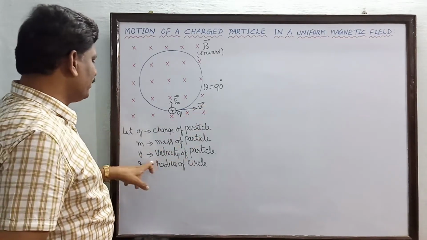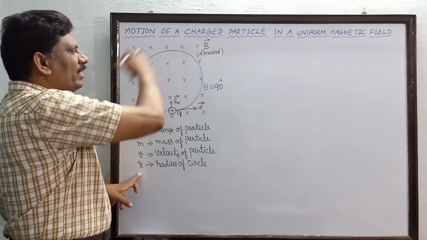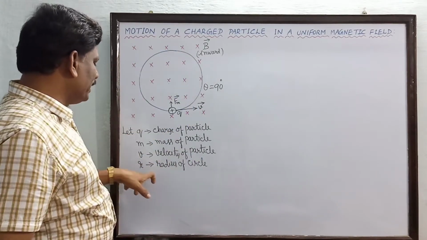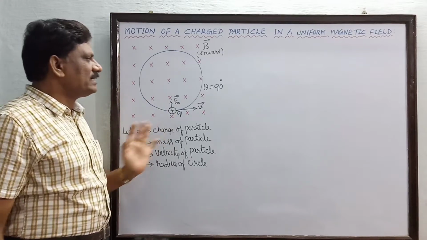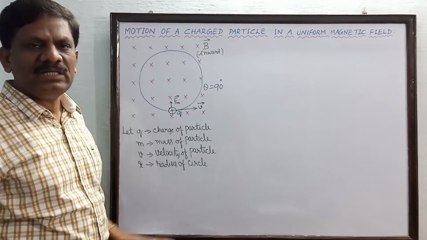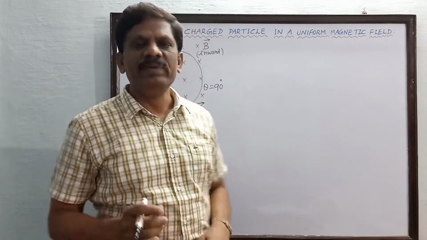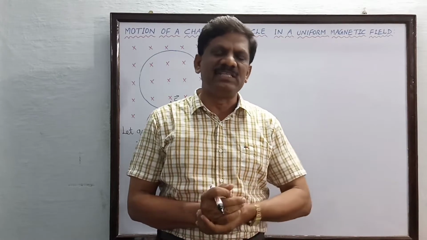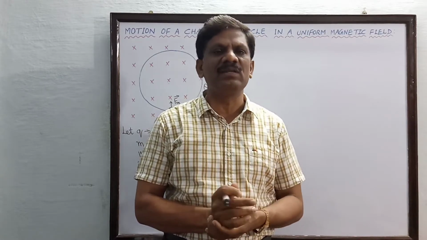V is the velocity of the particle, and when it moves in a circular path, here the radius of the circle is denoted by small r. So this is the diagrammatic representation, and here what we are going to derive is the period of revolution of the charged particle, the time taken by the charged particle to revolve once in a circular path, that is called the period.